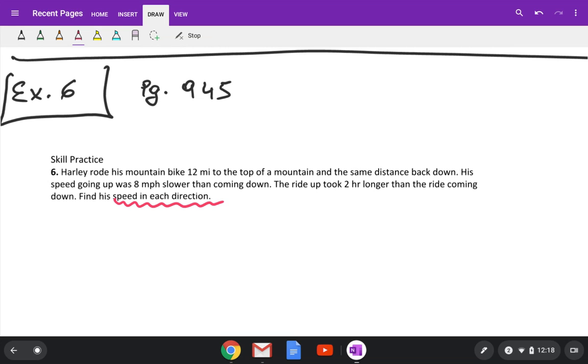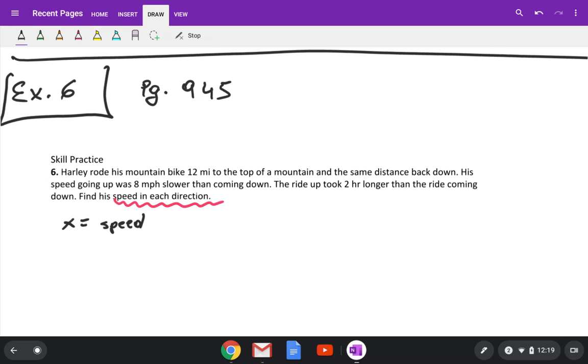So again, since we're talking about two directions, let me say x is going to be the speed to the top of the mountain. Let's see, let's read this information.